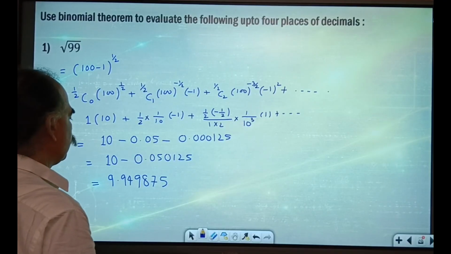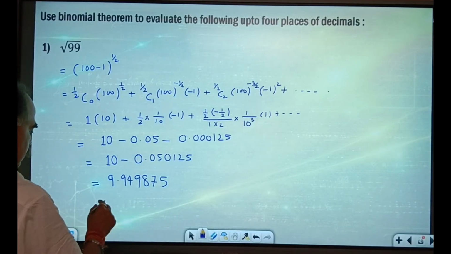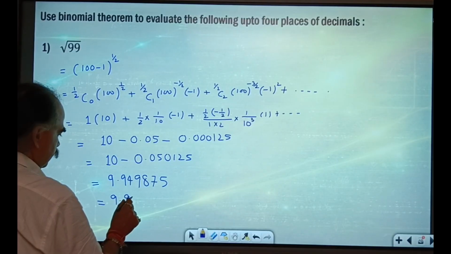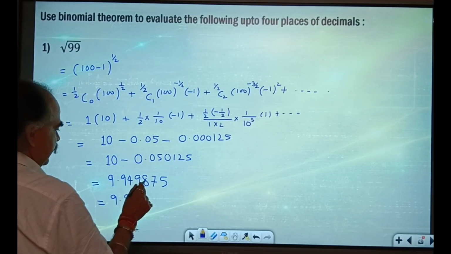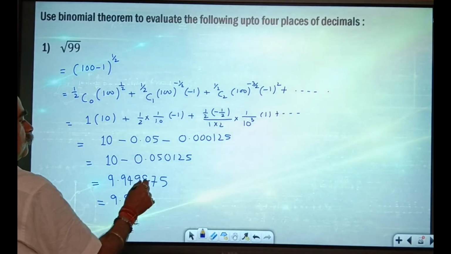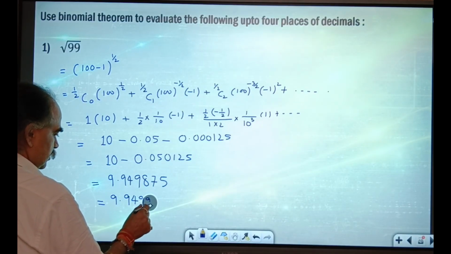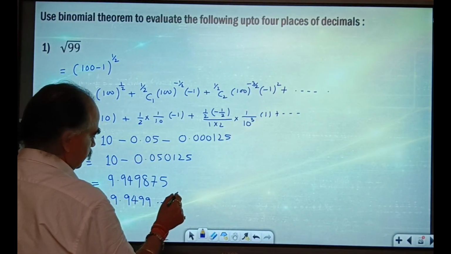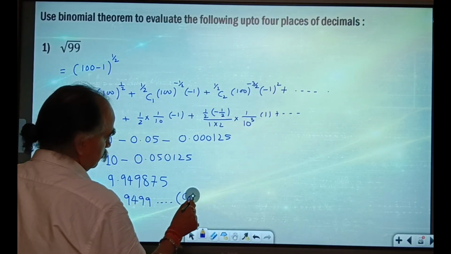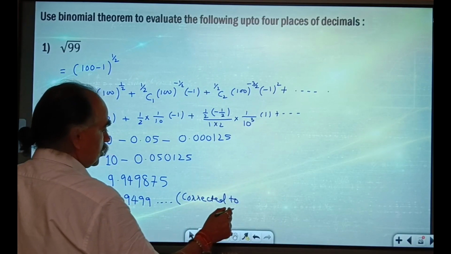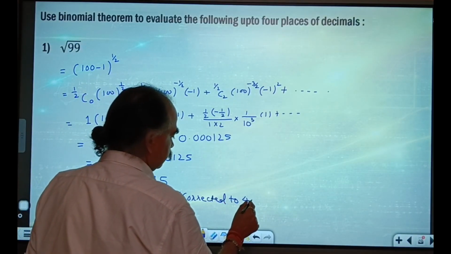We need to correct up to 4 places of decimal, which is what? 9.9499, because this is what? More than 5, so we will add here. Corrected to 4 places of decimal.